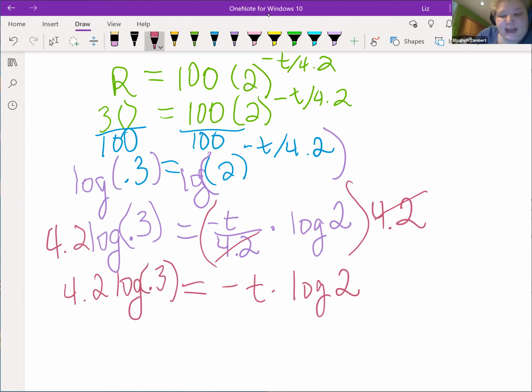So now this negative in front of the t we could think of as a negative 1. So that is being multiplied. So I can divide by negative 1 to get rid of that. And the log is also attached by multiplication, so I'm going to divide to get rid of that. So on both sides, I'm going to divide by, and you can just write or type on the calculator, negative log of 2.